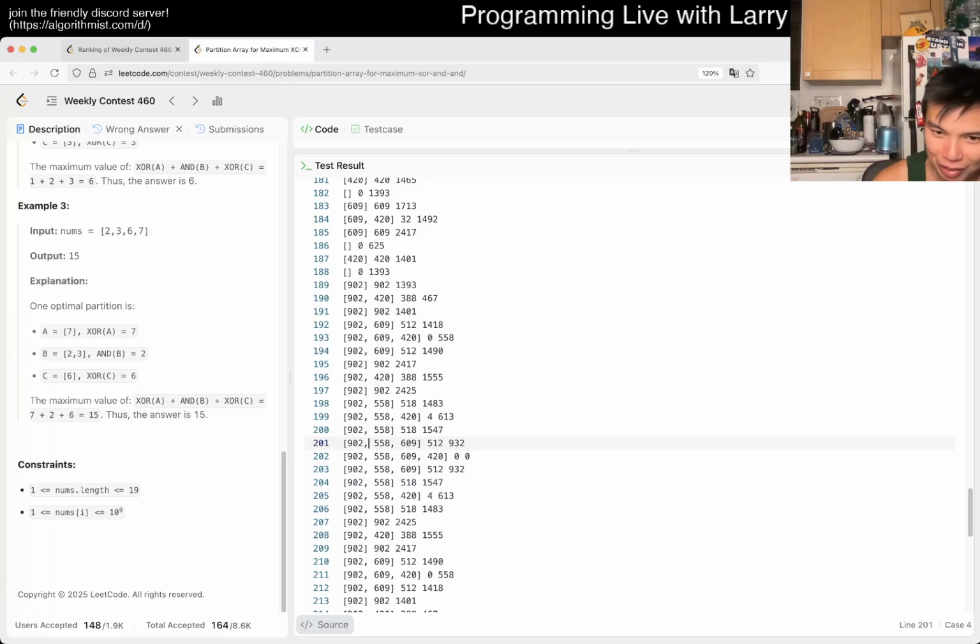I'm trying to think whether I can think of it as an optimization problem. I don't even know if that makes sense, honestly. And we have 23 minutes left. I don't know if I'm gonna get this one at all.